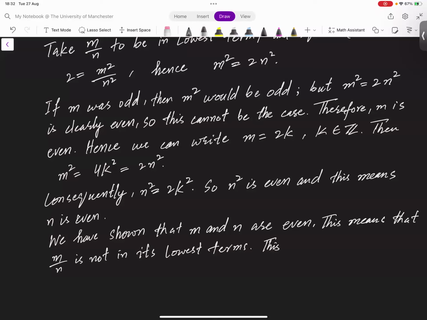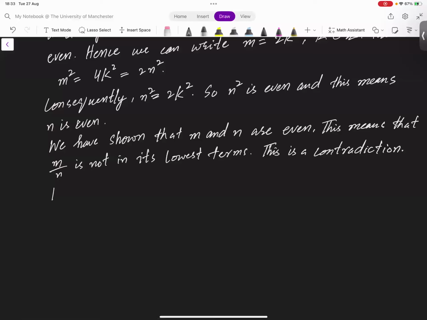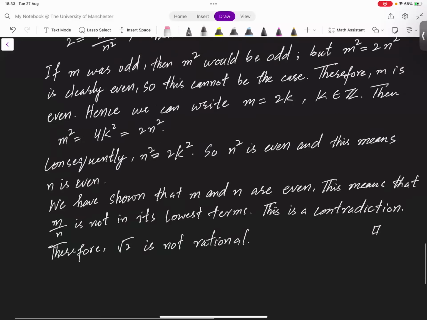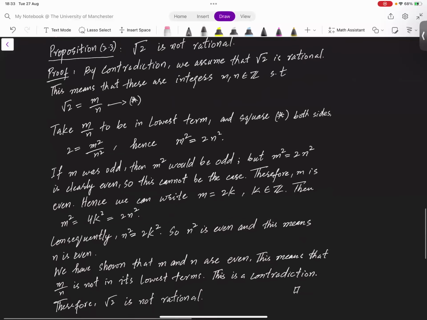Therefore, root 2 is not rational. This is the proof. Perfect.